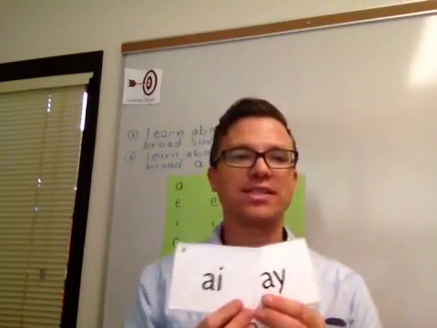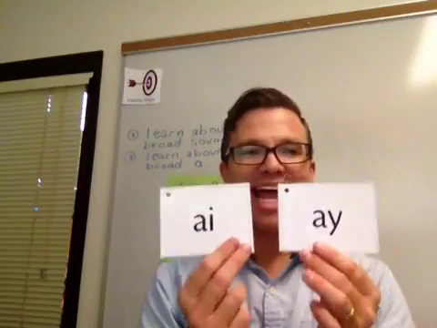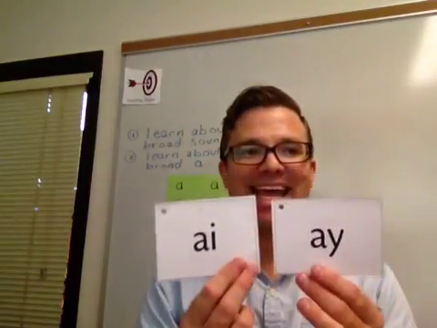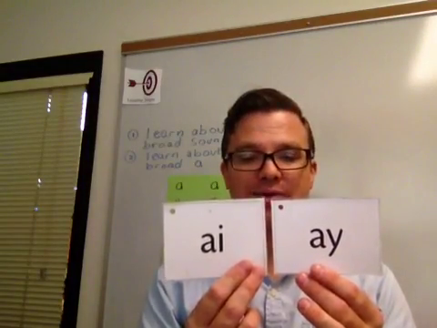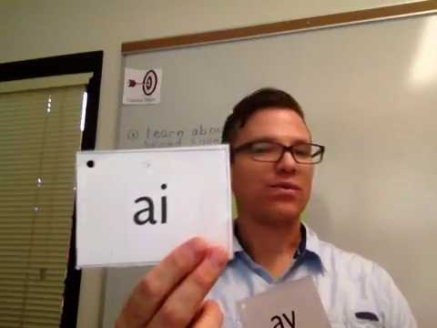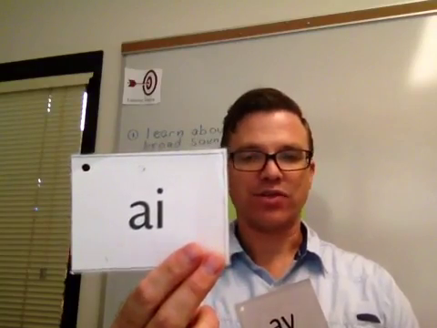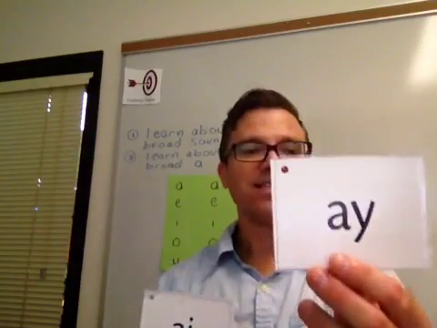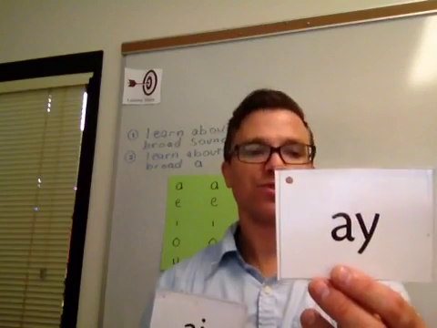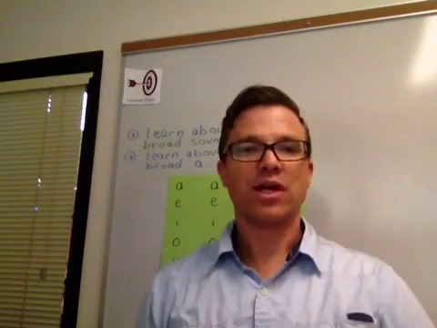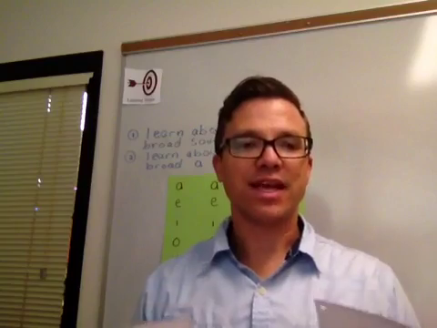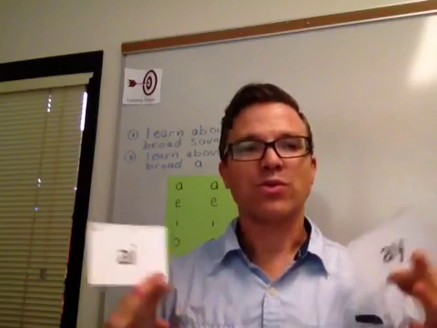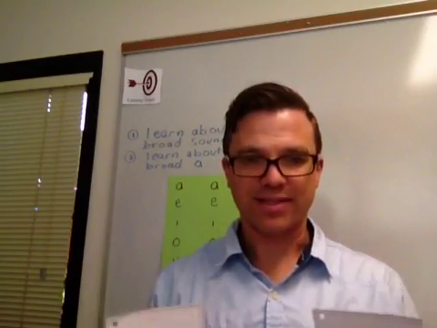Now let me give you these sounds. Both of these go A. Can you say that? A. It's the long A sound. This is the two-letter A that we may not use at the end of English words. This is the two-letter A that may be used at the end of English words. So I want us to get into the habit of saying all of those things so that it will help us to remember. Does that make sense?